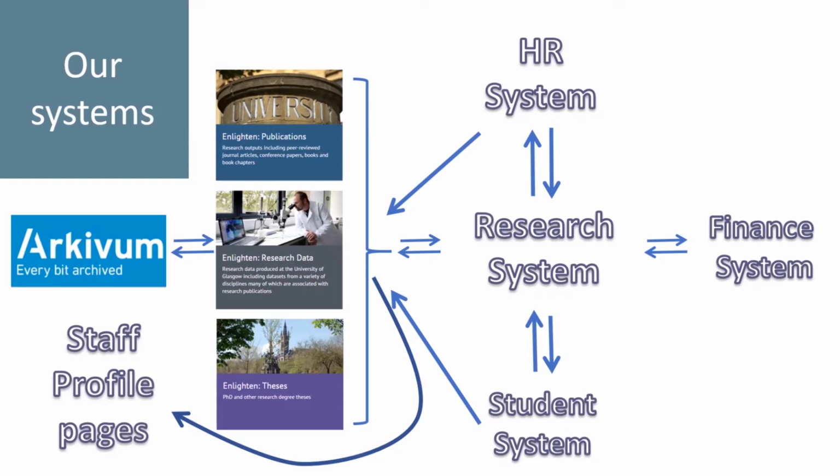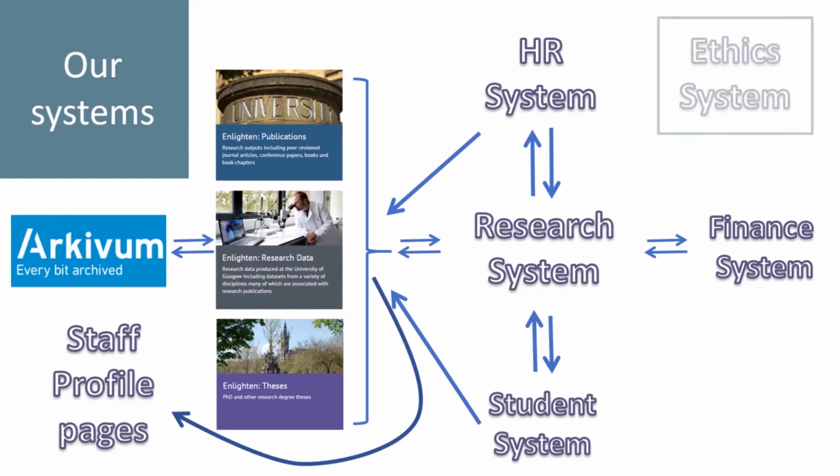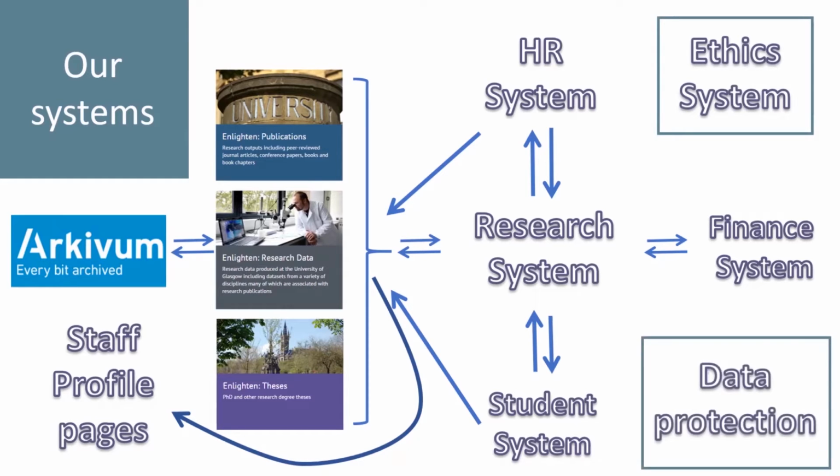However, these lovely interlinked systems leave 2 important systems from our point of view out in the cold. So the ethics system sits completely separate from all of these systems, as does our data protection work. We were hoping that our new research system might roll some of these into our interlinked systems, but that has not been possible due to data protection issues, ironically.